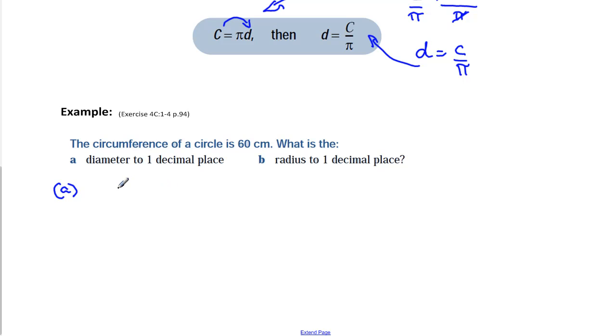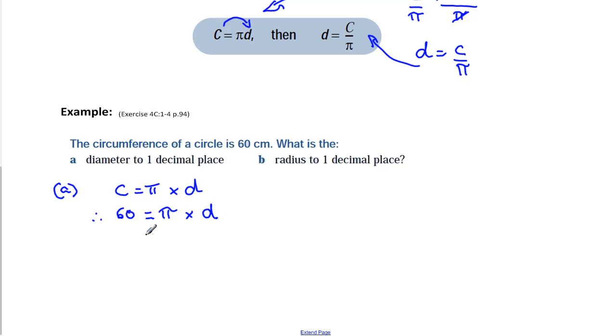Well, here we go. We know that c is equal to pi times d. We can just substitute in c as, in this case, 60, which equals pi times d.